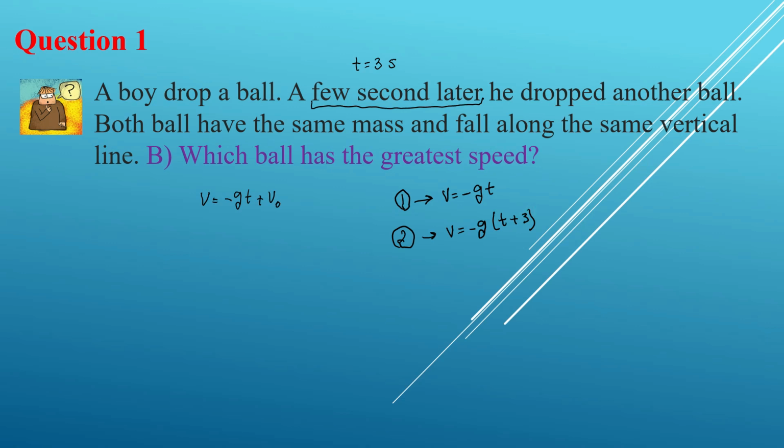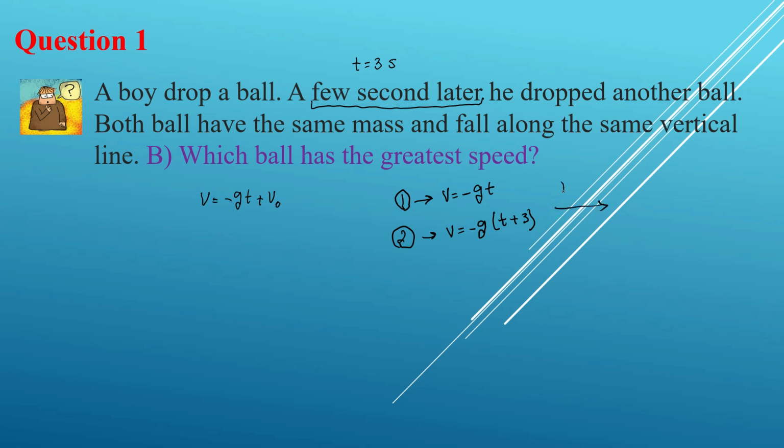Why am I saying that? Because if the first ball is dropped at t, the second ball is going to be dropped at t plus 3, right?